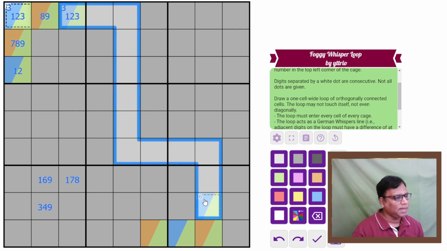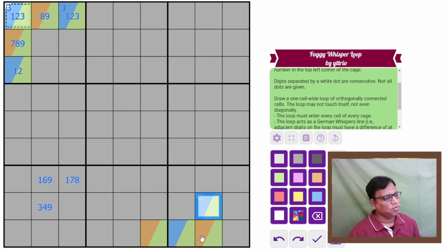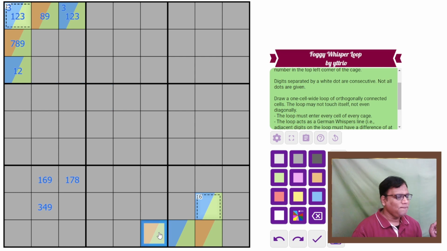So even if the snake is like this, if you do high and low, you will figure out that this is low. And the simple thing is to check this, because if this digit or even this digit is on the snake, it will always be low, whatever you do, because this is diagonally connected, and these digits which are diagonally connected will always be high. So this will be low, this will be high, this will be low, this will be high.